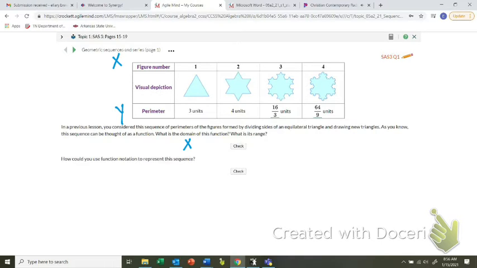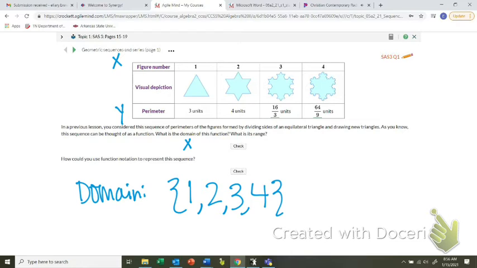Okay? So, what is the domain? What is the actual set of numbers that goes with that domain? One, 2, 3, and 4. Okay? That's what I'm putting in to my equation.